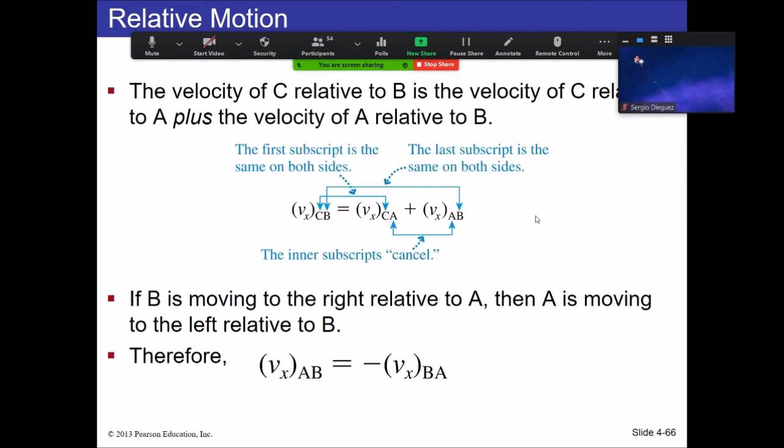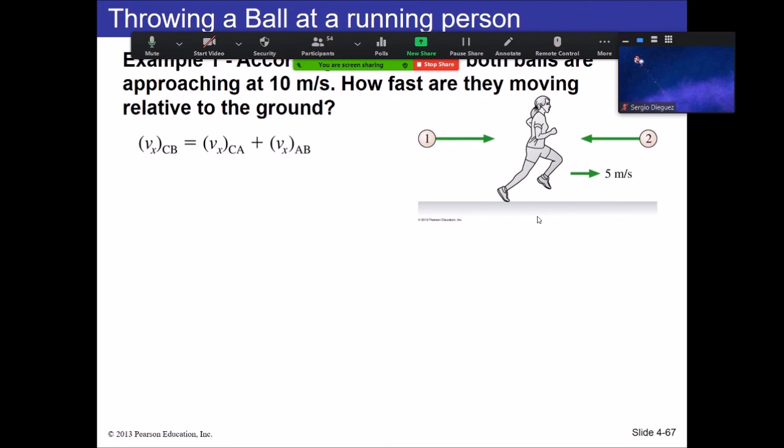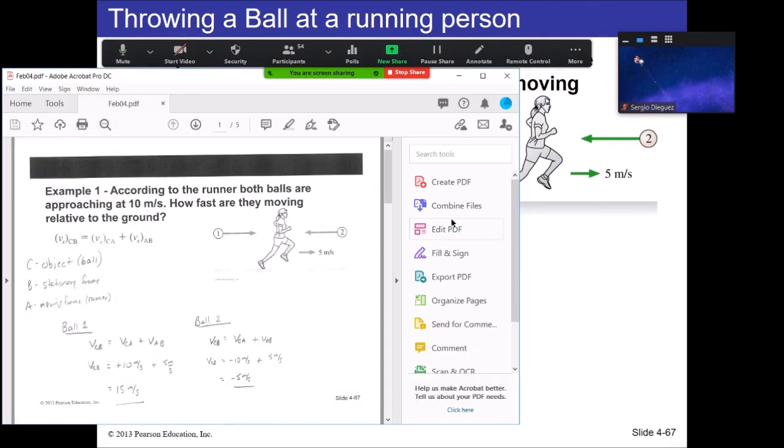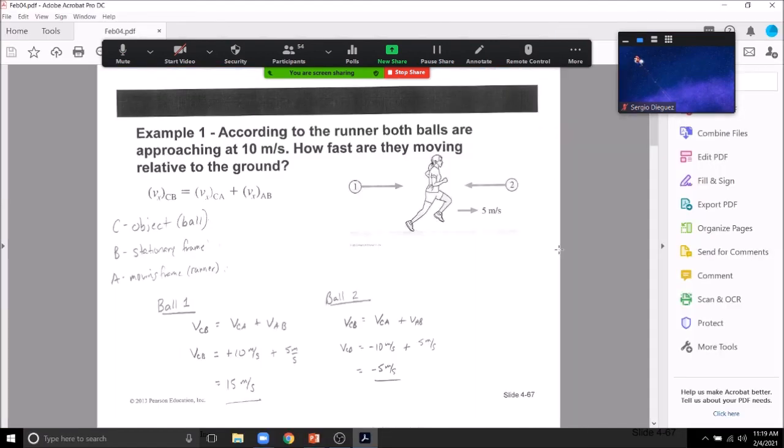Okay. Let's do a problem right now. Example number 1. Let's bring it up. Here we go. So we have a runner, and they're observing 2 balls. Now, one of the things you want to do in these problems is this.